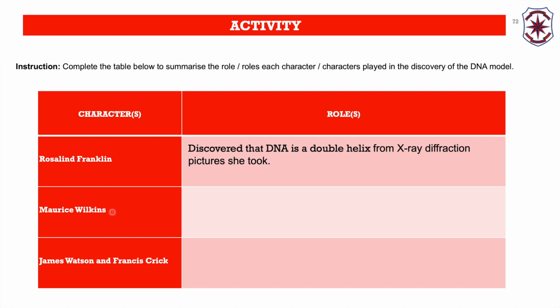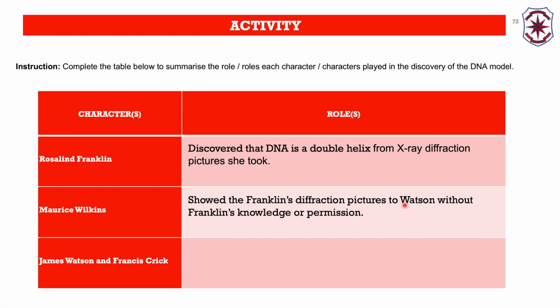And then, what role was played by Maurice Wilkins? In terms of his role, he took the pictures and showed them to Watson without Franklin's knowledge or without her permission. What Maurice Wilkins did was actually quite unethical in terms of the ethics of science and research. Now, after showing Watson the pioneering research, what did Watson and Crick do after?